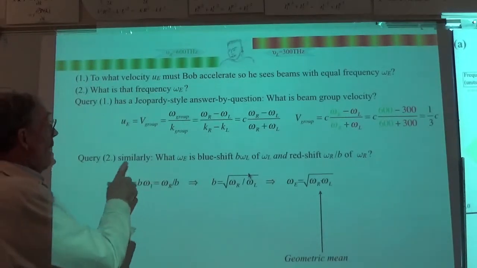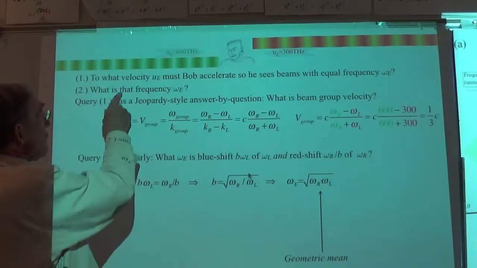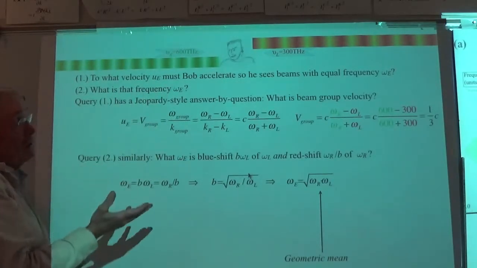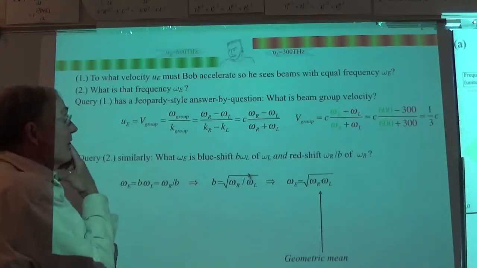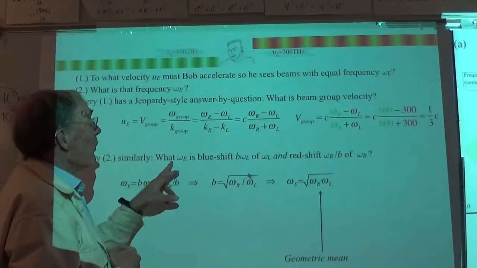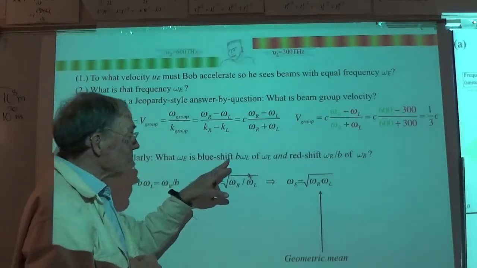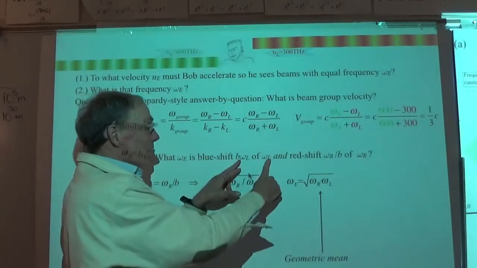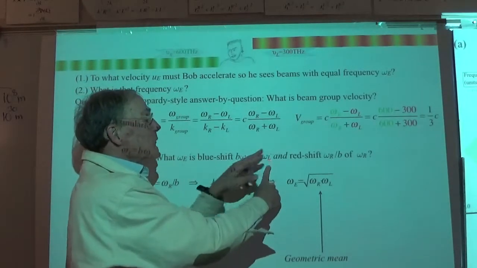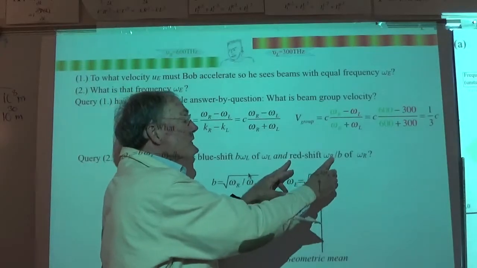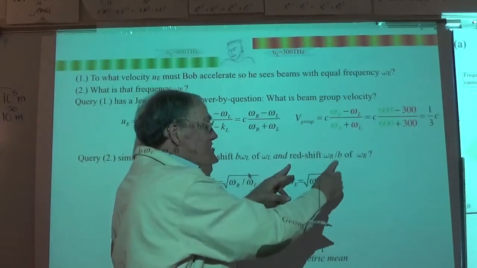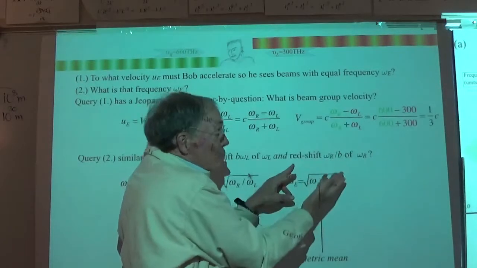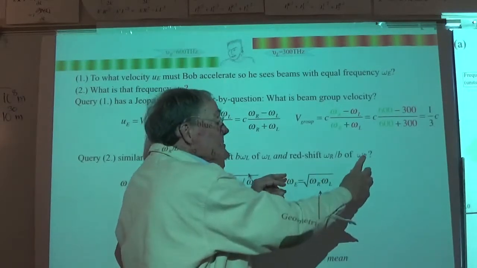And then I'll ask the question to answer this one. What's the frequency that he is going to find when he gets home? And that is the question: what frequency is a blue shift of the left one and a red shift of this, the WR, that's what a red shift would be, it's just 1 over blue, okay, of WR?